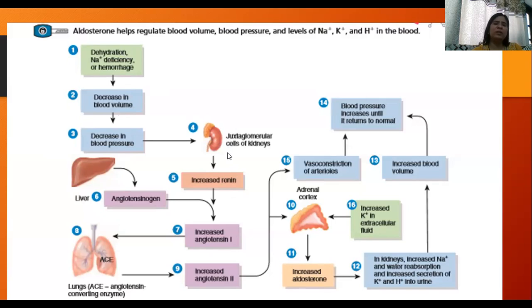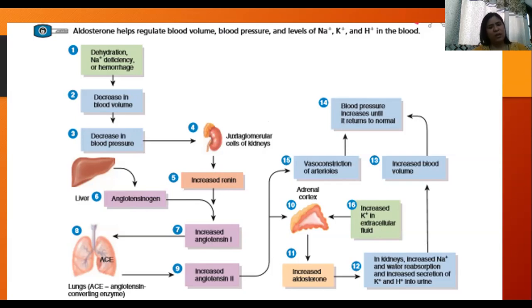This will stimulate the juxtaglomerular cells of the kidneys, which are like the BP apparatus of the body, which senses the decrease in blood pressure and secretes renin. This renin will convert angiotensinogen from the liver to angiotensin 1.